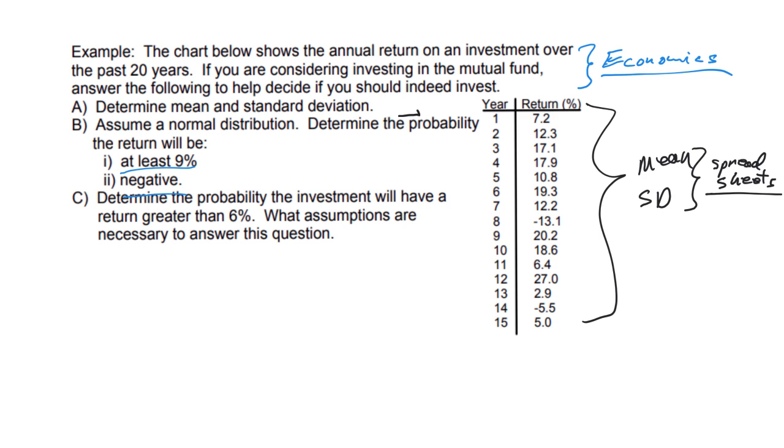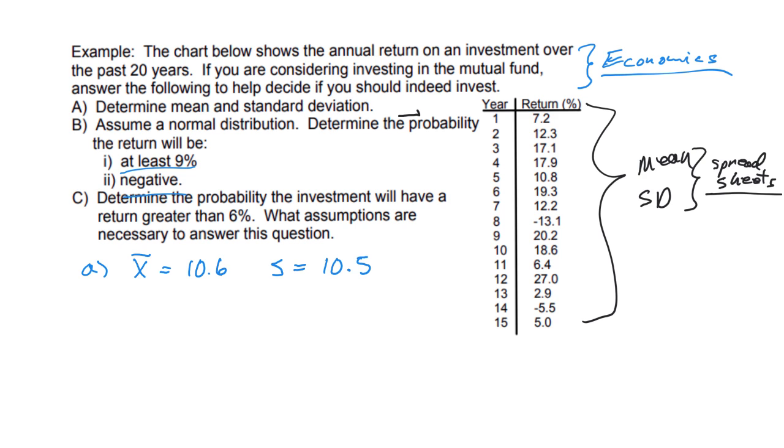So when you take all this information and put in the year and return, you find that for A, the mean, x-bar, is equal to 10.6, and the standard deviation is 10.5.